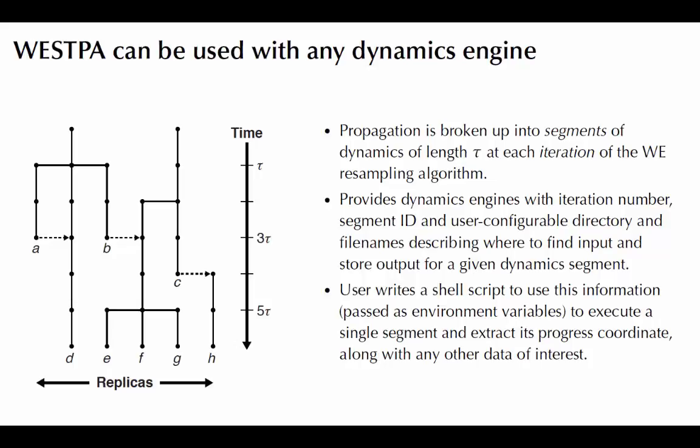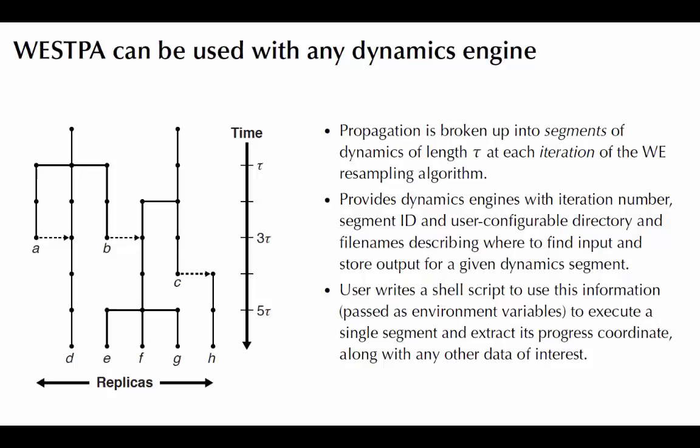WESTPA is going to run that file once for every one of these segments, and it's going to send enough information to it by way of environment variables, which are just predefined variables inside the shell script, to say where to find information. Adam's going to walk you through a lot of this in great detail this afternoon, so this is going to become more concrete as you go. If you're feeling like, what the heck does all this mean, that's a lot of text, but this is mostly here for posterity. We're going to unpack this as the day progresses.